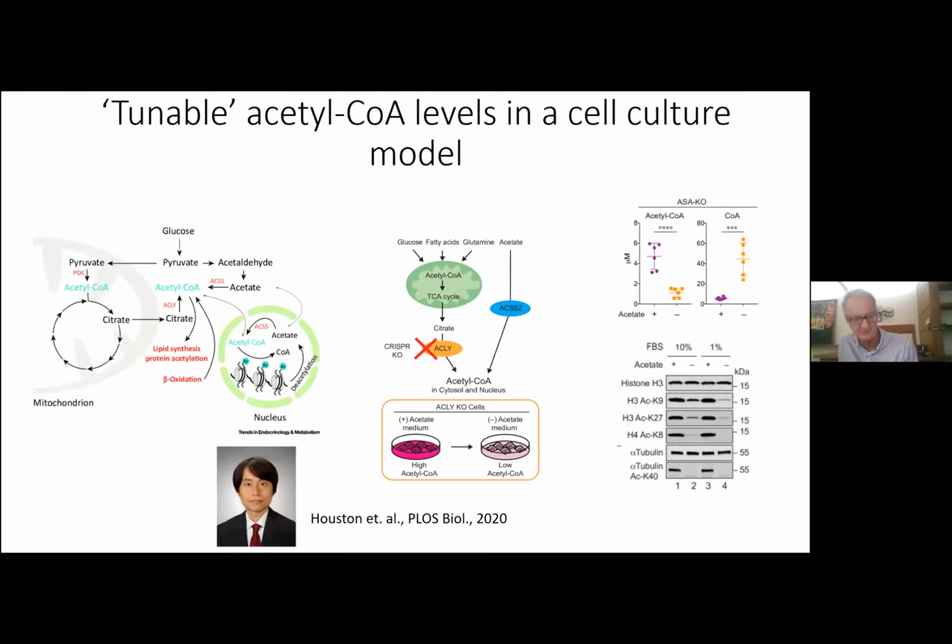And this is just an example of the approach that he took. As some of you know, acetyl-CoA levels in the mitochondria and acetyl-CoA levels in the cytosol and nucleus really represent 2 pools of the metabolite that are not in equilibrium. The majority of cytosolic acetyl-CoA is generated by the conversion of citrate by the ATP citrate lyase enzyme in the cytosol to form acetyl-CoA.